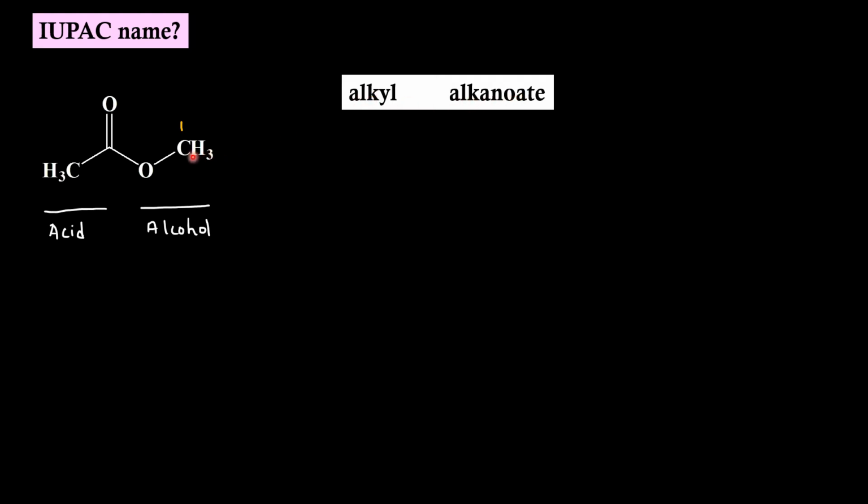We have only 1 carbon on the alcohol side, so alkyl will be methyl. On the acid side, we have to give number 1 to the carbonyl group. So the alkanoate part is ethanoate. IUPAC name will be methyl ethanoate.